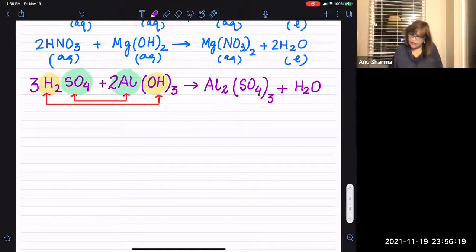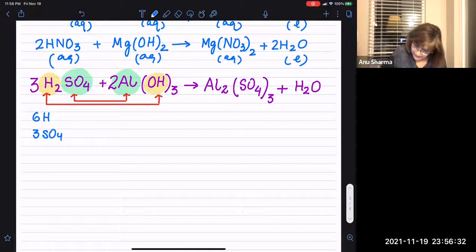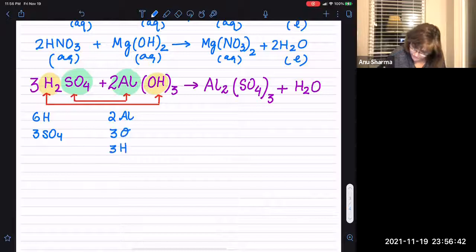Let me write this down. Okay, so we have 6 hydrogens here, 3 sulfates here, and we have 2 aluminums here, and oh wait, so we have to just break this up, 3 oxygens and 3 hydrogens.